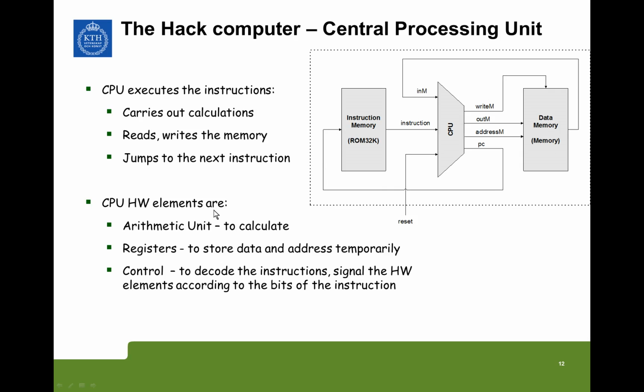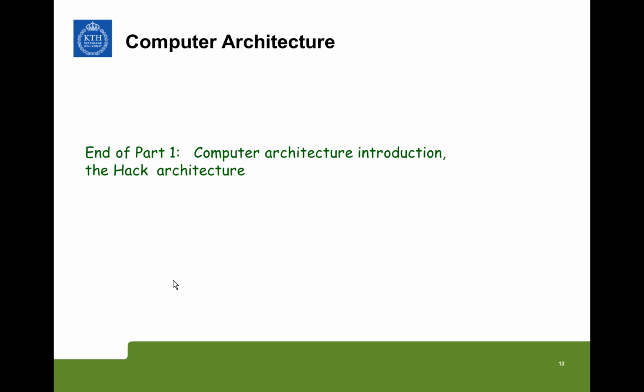The CPU elements are the arithmetic unit, which will calculate according to the instruction; registers to store some data and addresses temporarily; and the control that makes sure that the arithmetic unit and the registers do what is given by the instruction. Okay. This completes the first part of the computer architecture lecture.